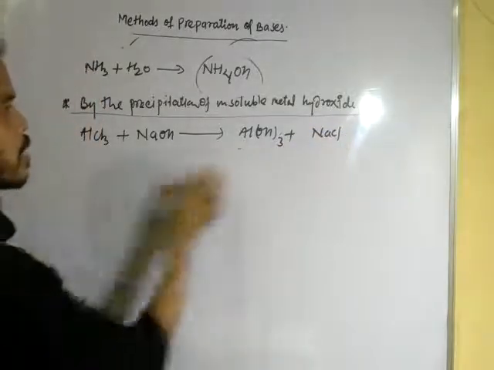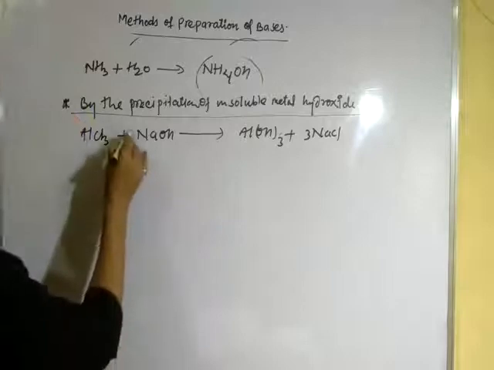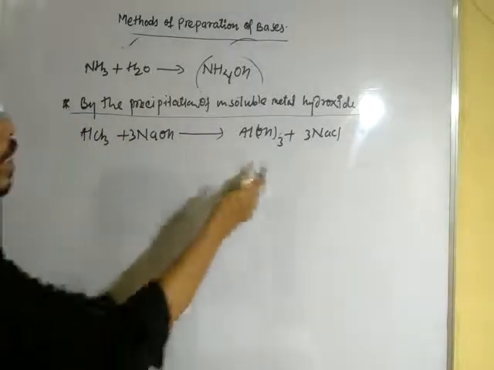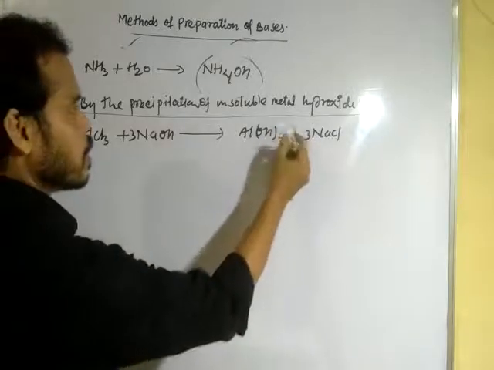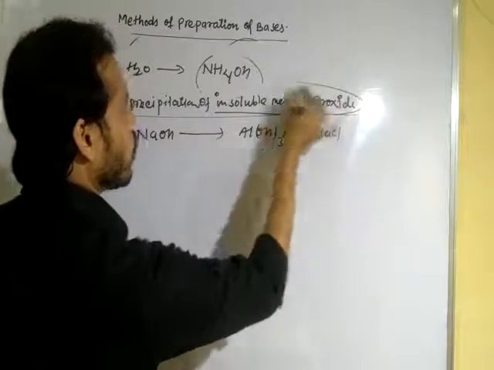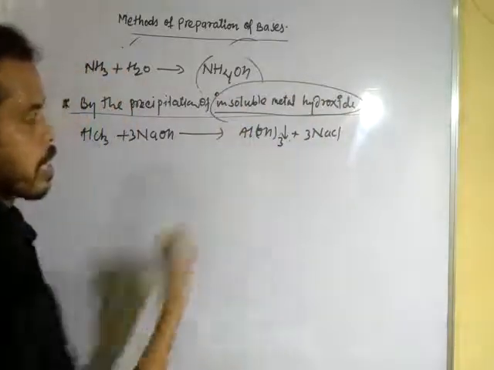To balance this reaction, multiply with 3 and also with 3. Okay, dear student. So here the aluminum hydroxide formed is an insoluble metallic hydroxide. Clear, dear students?